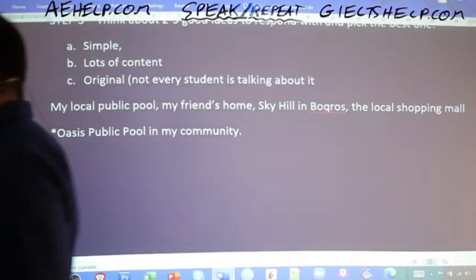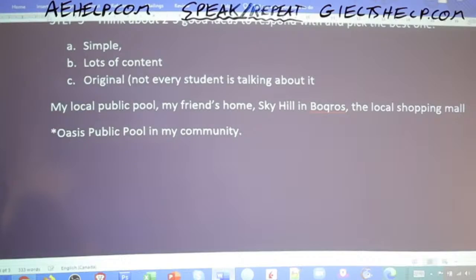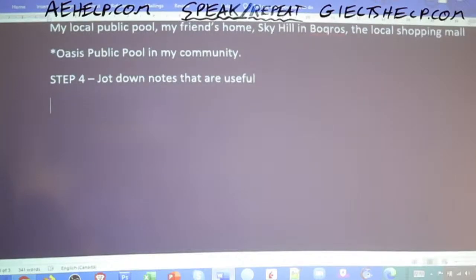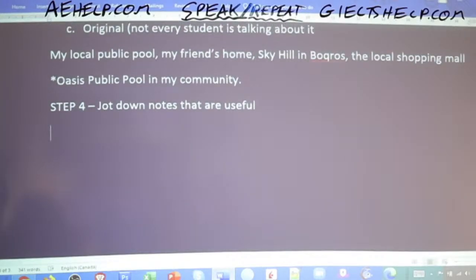Okay, so the next step then is to quickly jot down some notes that are useful. Okay. All right. So the first is the location. Now, you don't need to write down location, but this is just to remind you what you need to include when you are taking notes.